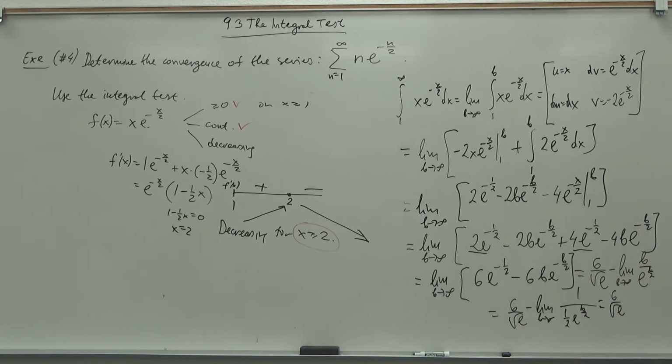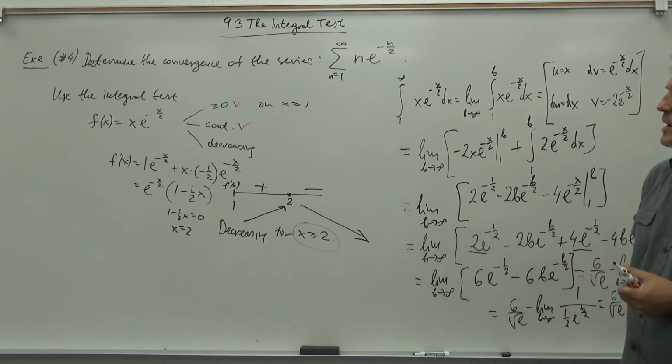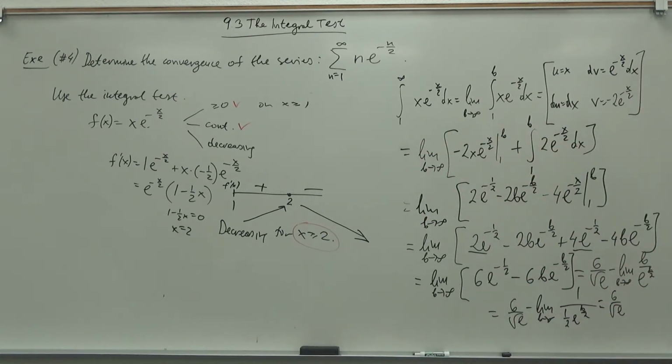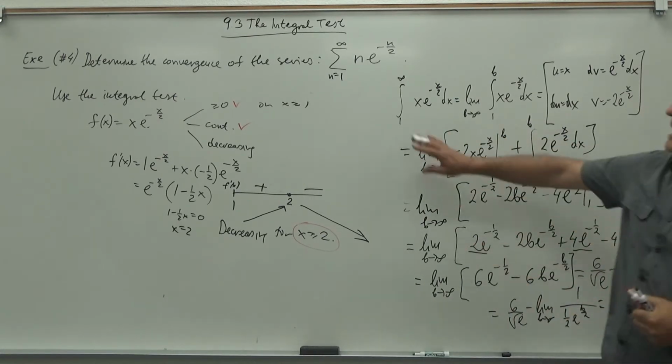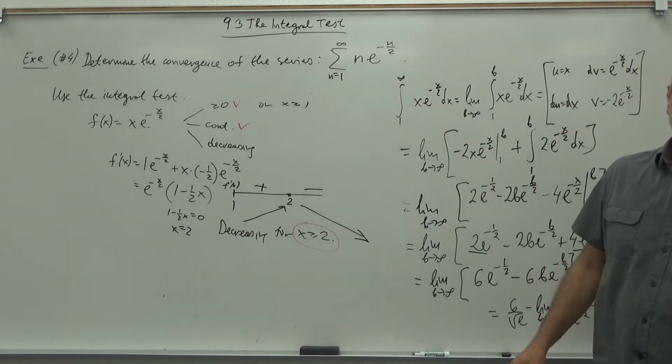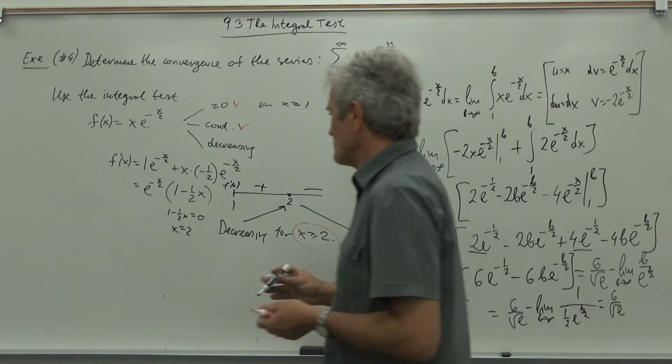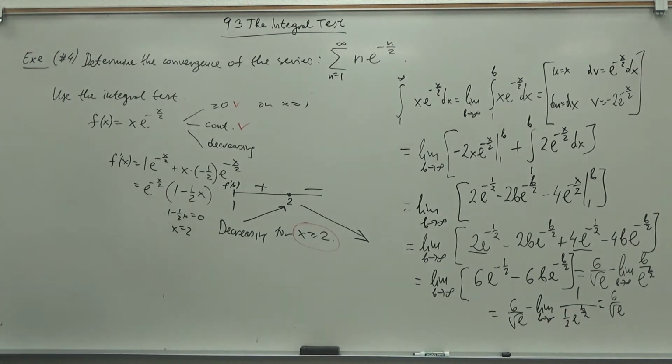So, what's the conclusion? That this improper integral converges, and because of that, our series also converges according to the integral test. So it might be nice to have a finishing sentence here.